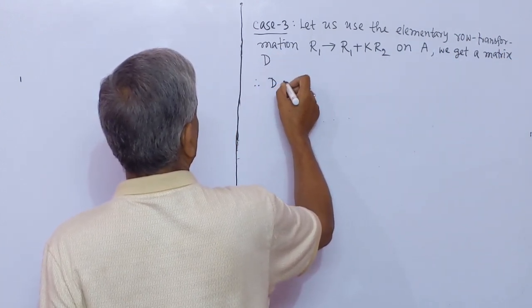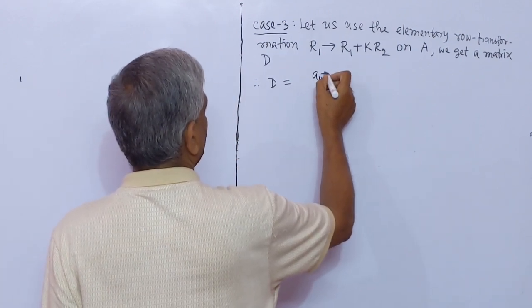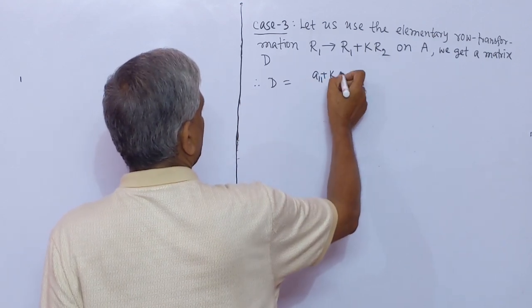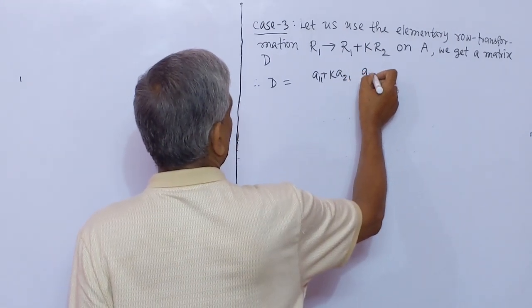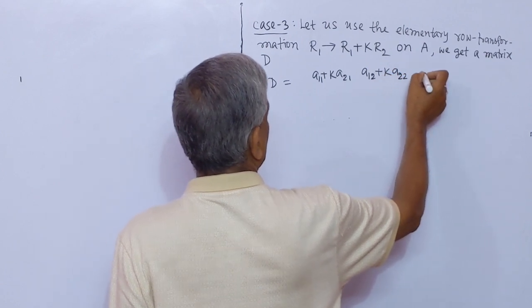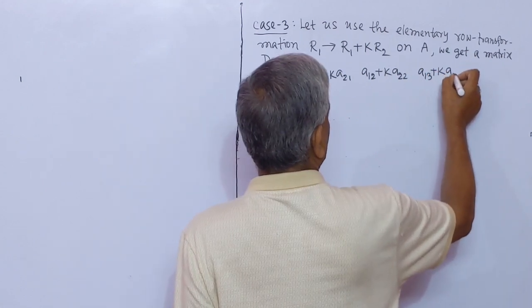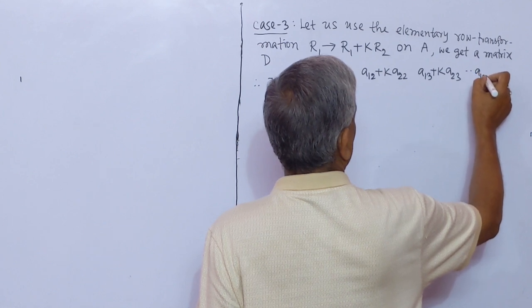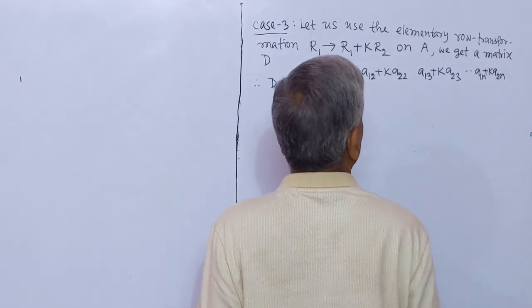Therefore, D equal to, in place of R1, A11 plus K A21, A12 plus K A22, A13 plus K A23, dot, A1n plus K A2n.